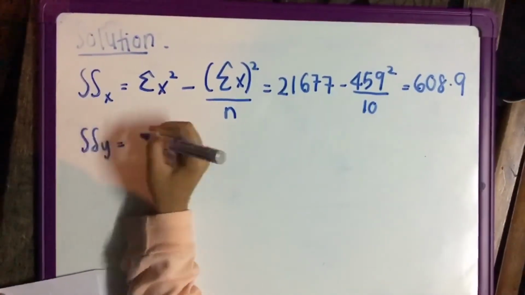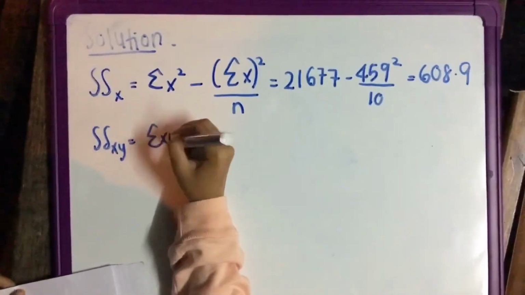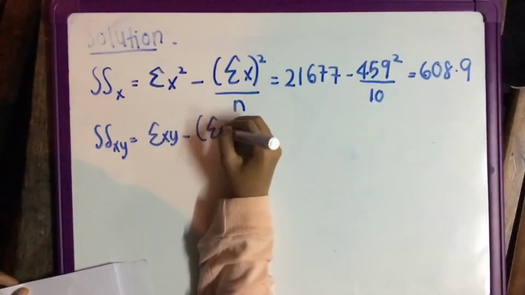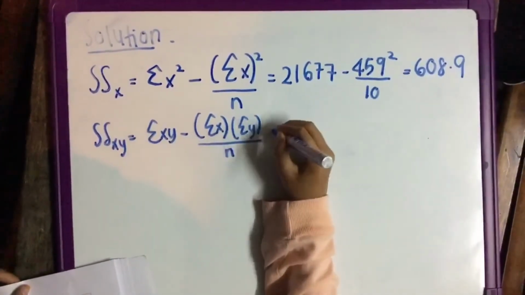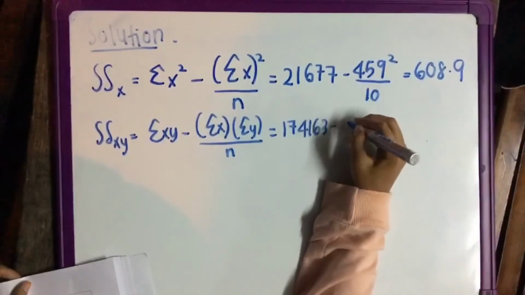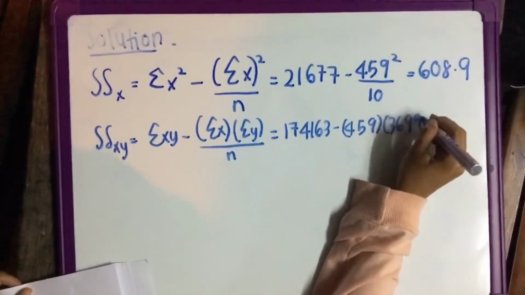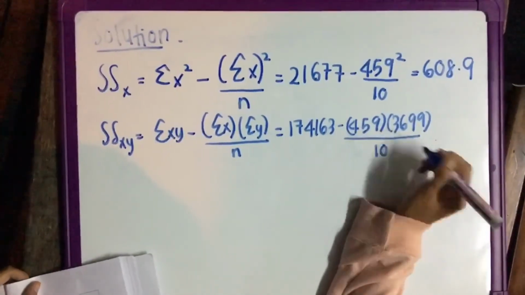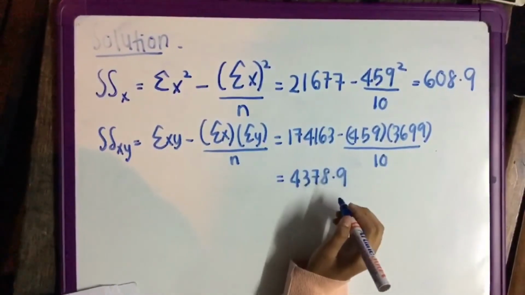Then find SSXY, equal to total xy minus total x multiplied by total y over n. And then you will get the answer 4378.9.